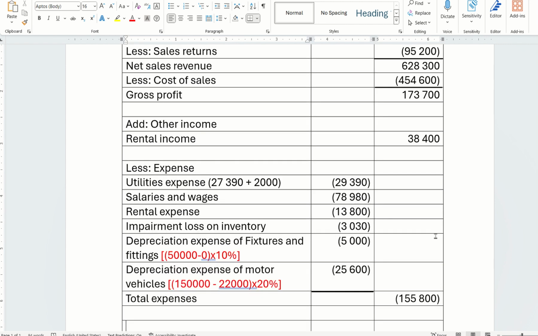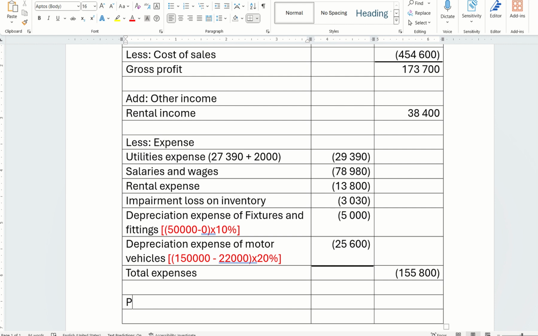All right. Finally, I'm nearly done. I have profit for the year. Now, profit for the year, I must remember, I will take gross profit plus other income minus expenses. So where is my gross profit? Here is my gross profit.